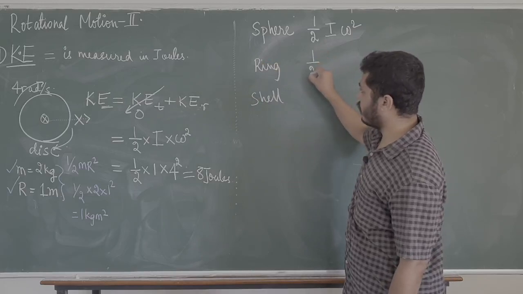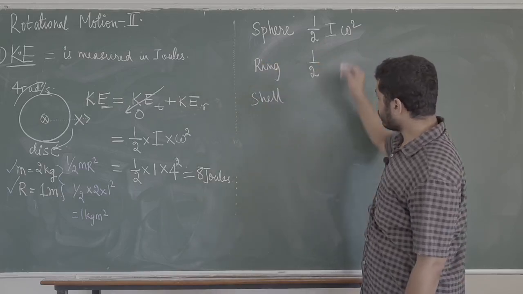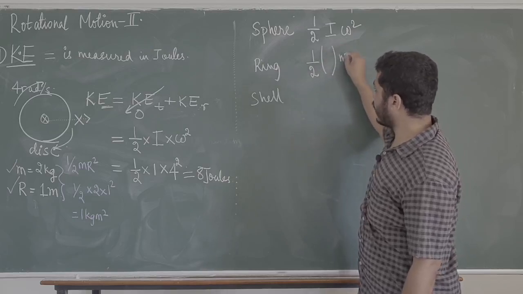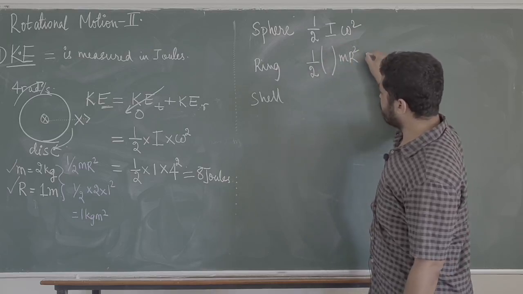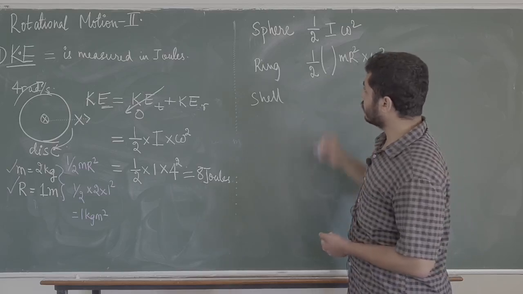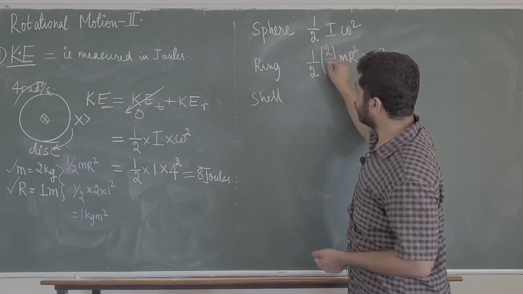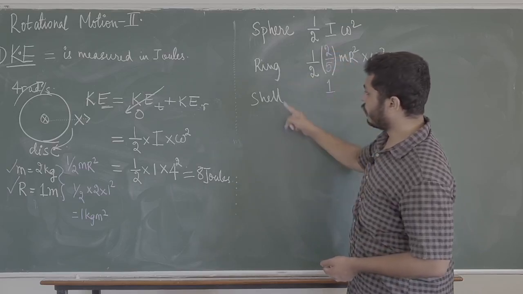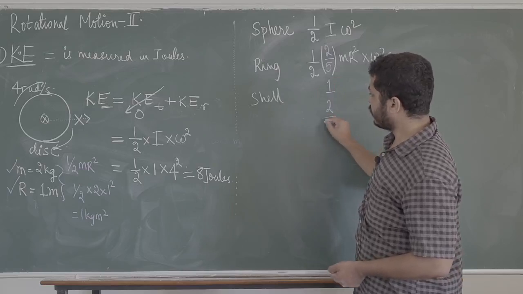Half will stay as half, it will not change. I will be some number multiplied by mr square and then multiplied by omega square. In case of a sphere, you will have the value 2 by 5. If you take a ring, this value will be 1. If you take a shell, this value will be 2 by 3.